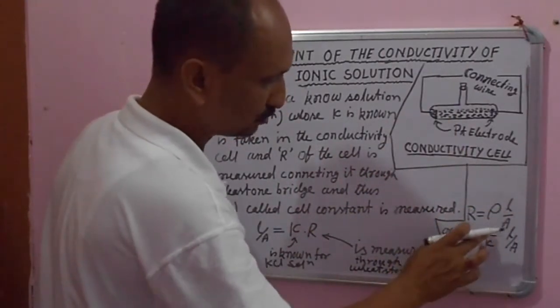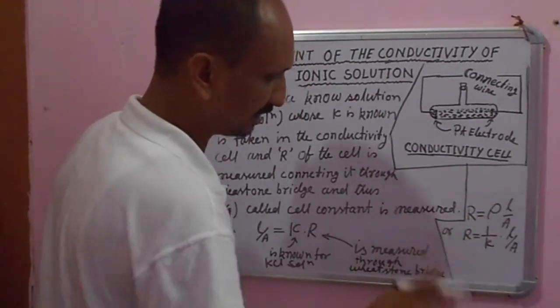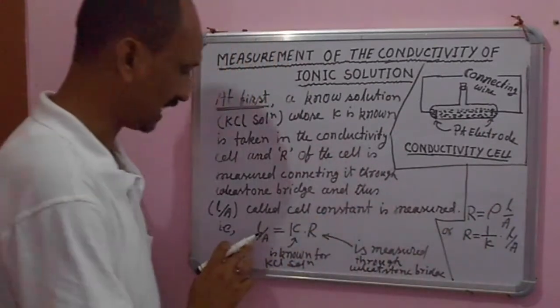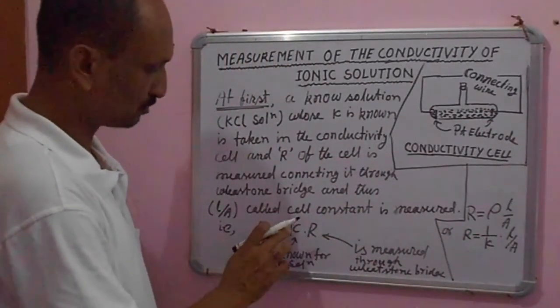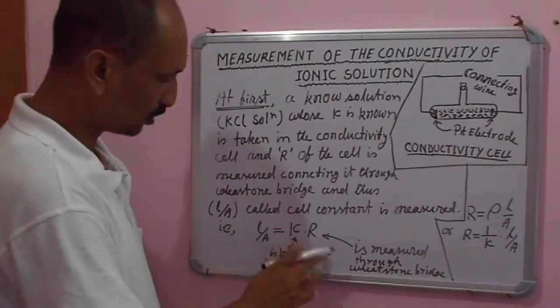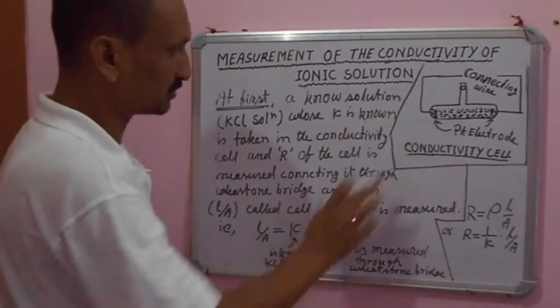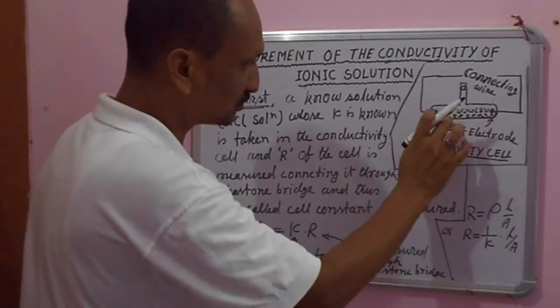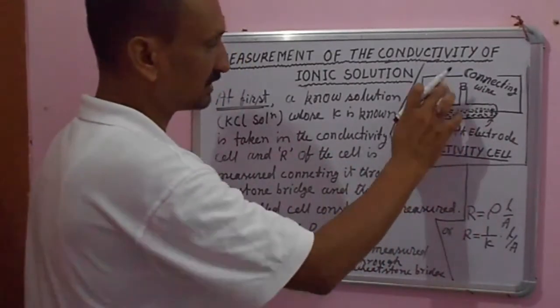or R is equal to 1 by kappa L by A. That means L by A will be equal to kappa into R. So kappa is known for KCl solution. Initially we take one ionic solution whose kappa is known, that is potassium chloride solution.